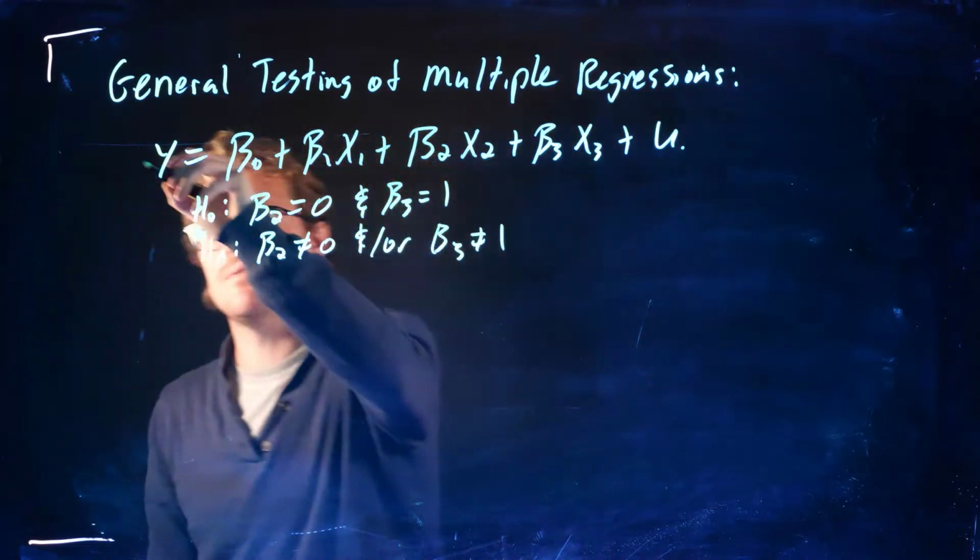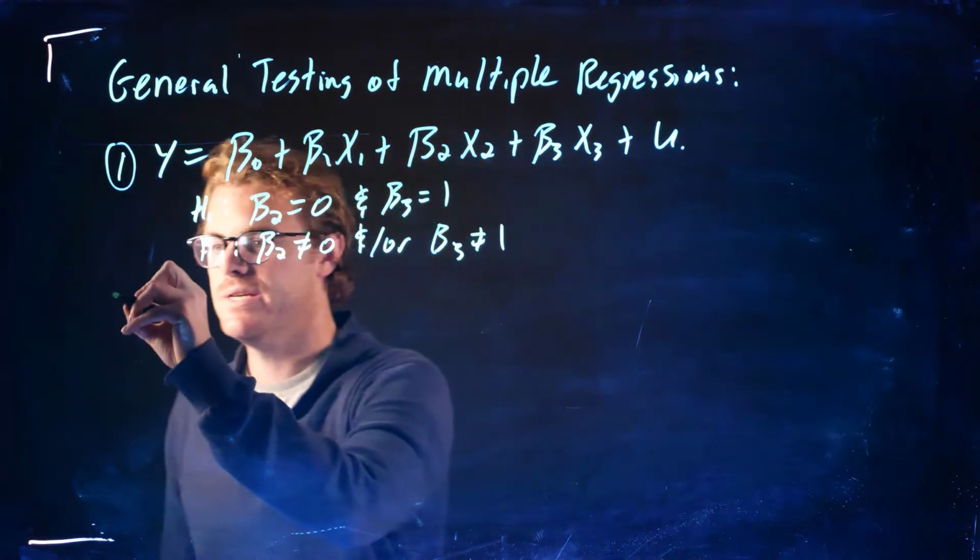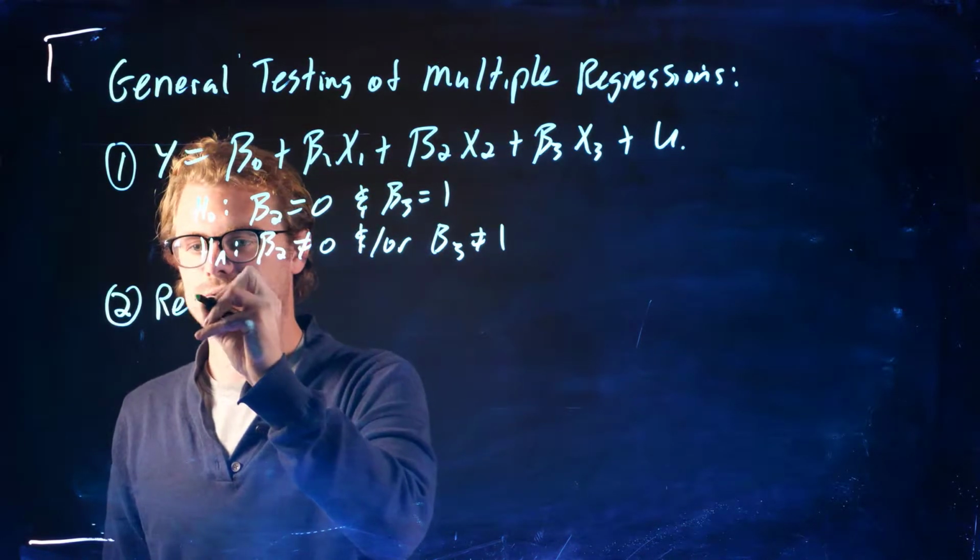We've been denoting our unrestricted regression as 1, so this is our unrestricted regression.